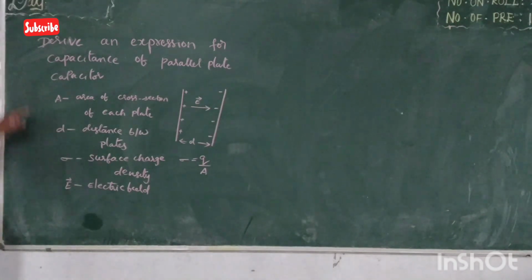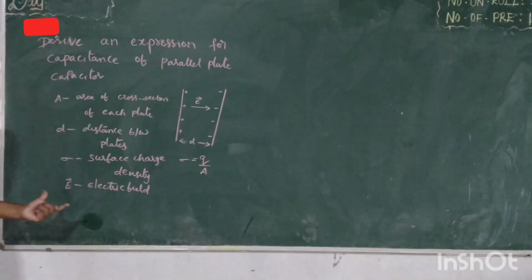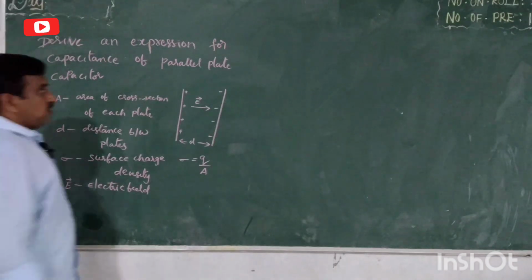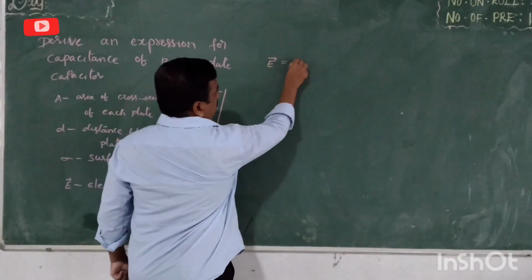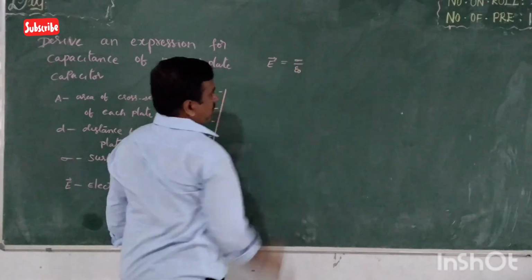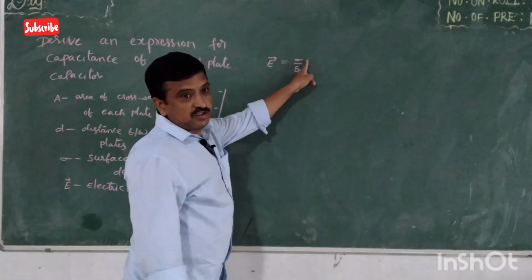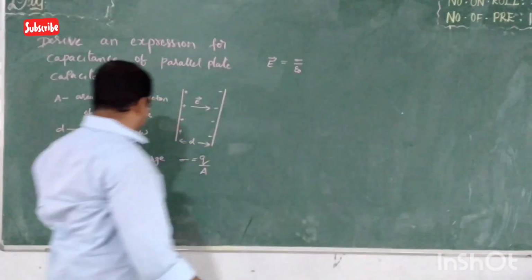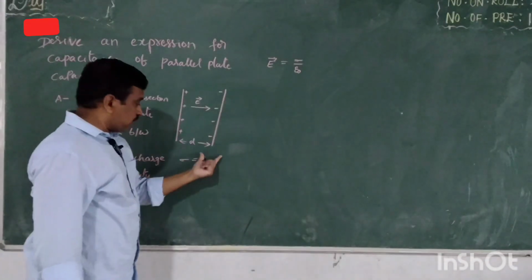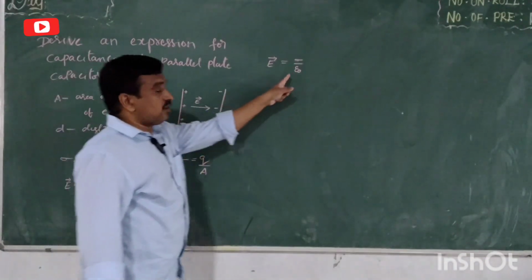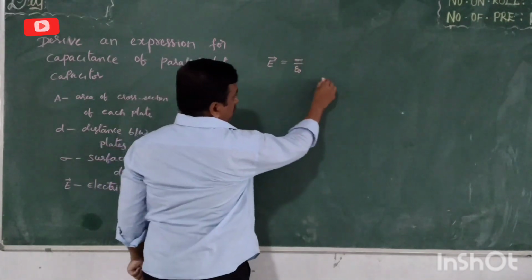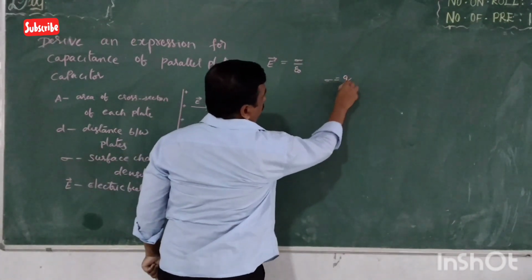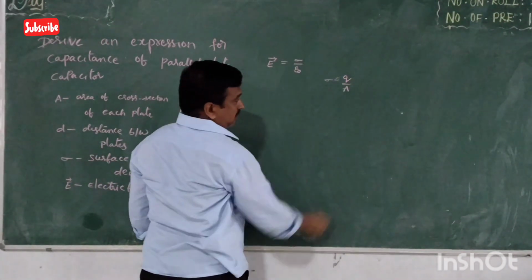In this case, what is the capacitance of the parallel plate capacitor, that we can derive. For that, the electric field we can write as E equal to sigma by epsilon naught. Here sigma is surface charge density, Q by A, charge per unit area. Epsilon naught is the permittivity of free space. Instead of sigma we can write Q by A. Q means charge, A means area.